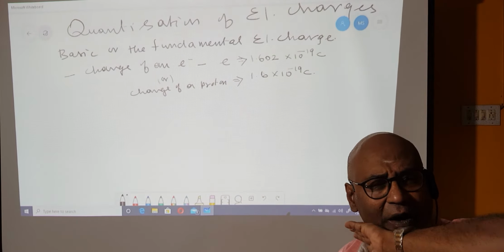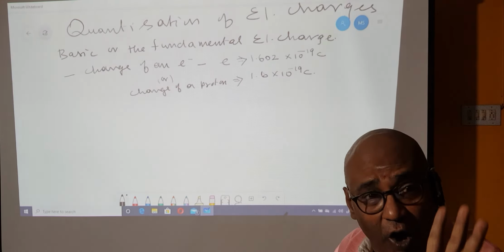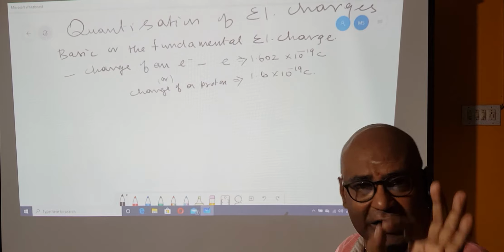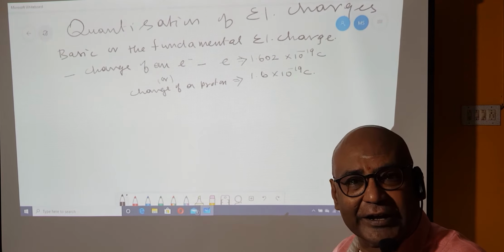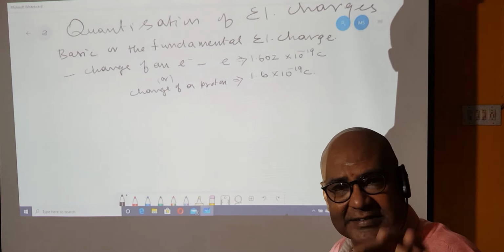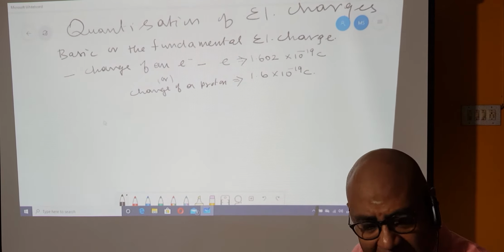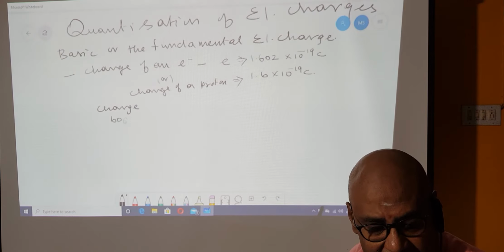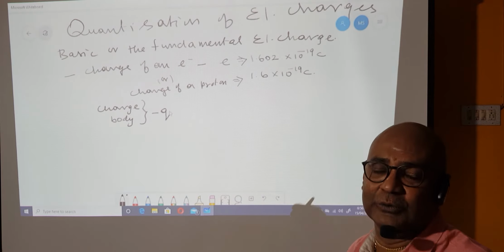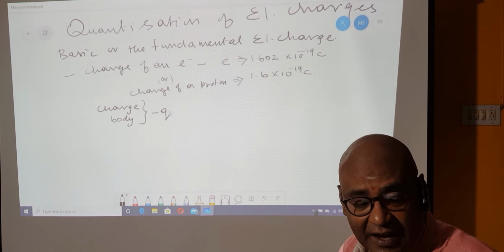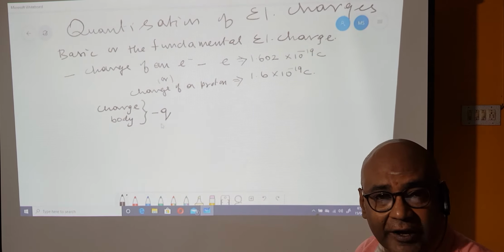So any object has a basic electrical charge e, whose value is 1.6 × 10^-19 coulomb. Now let us consider a charged body. A charged body is represented by the letter Q. How much amount of charge is available in this charged body?